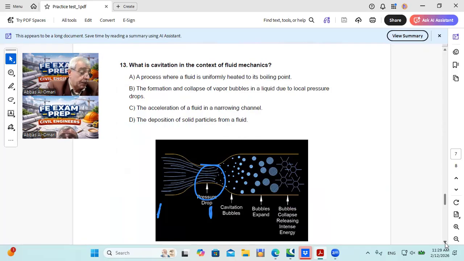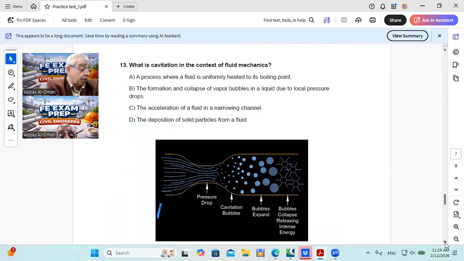So here we see at a constriction, here in this drawing, we see that at the throat here, where the cross-section is reduced, the pressure will drop because velocity increases, and when it drops too low, evaporation, boiling of the fluid will occur, and this is known as cavitation. So among these options, a process where fluid is uniformly heated.